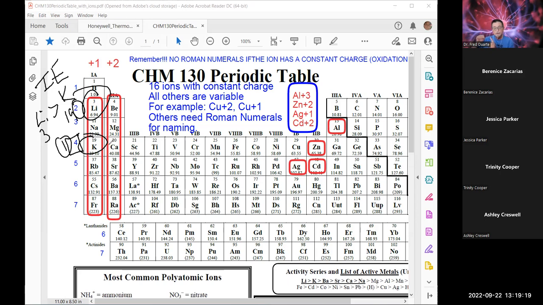The interaction between the nucleus and potassium's lone valence electron is much less than it is for lithium, whose electron is closer to the nucleus.